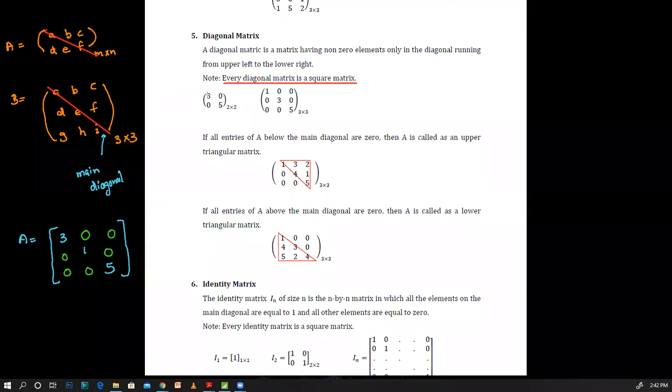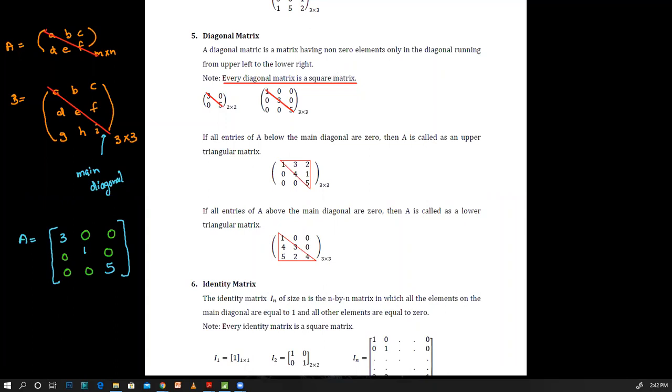In this example you can see that a 2 by 2 matrix has been obtained. Only the elements on the main diagonal are non-zero, while the remaining elements are zeros. Here also we experience the same thing. The elements apart from the main diagonal are zero values.